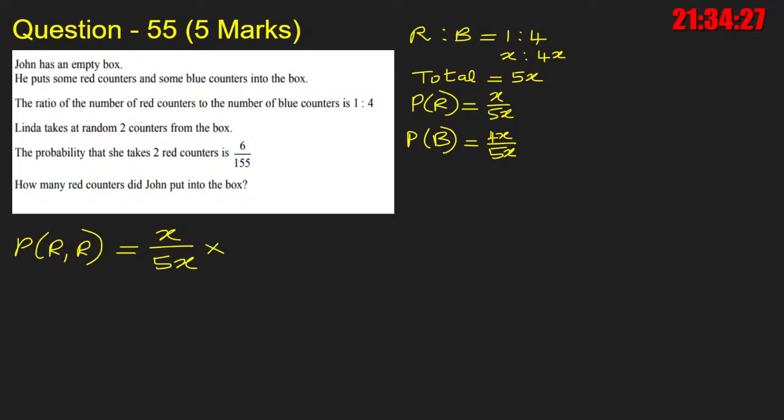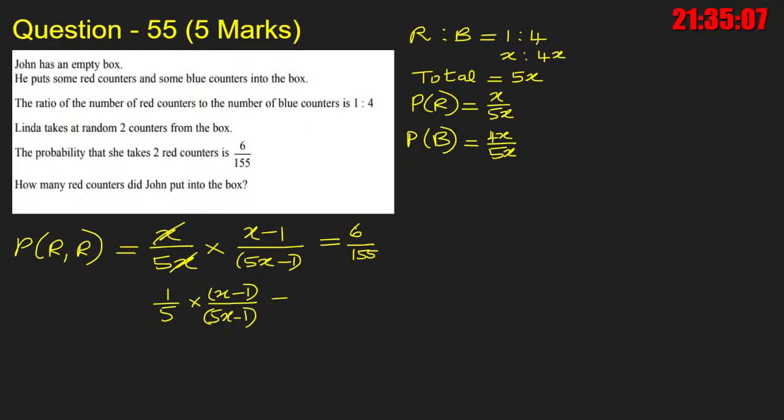After you take 1 red counter, the total number of counters is reduced by 1, so it is 5x minus 1, and the number of red counters is x minus 1. That is equal to 6/155. Hope you understand. So the x and x cancel.